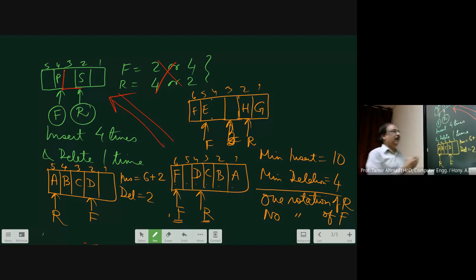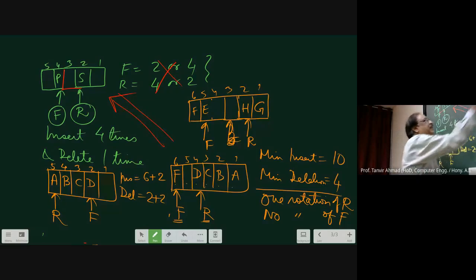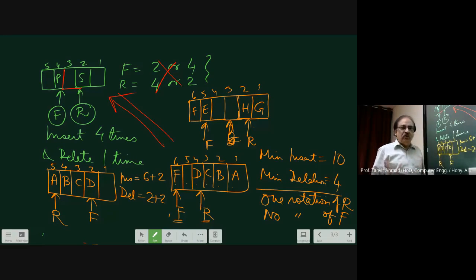Correct? It is having 2 plus 2. But now here, R is at 2. But I want R at 4. It means that to make this here, you have to insert 2 more times.